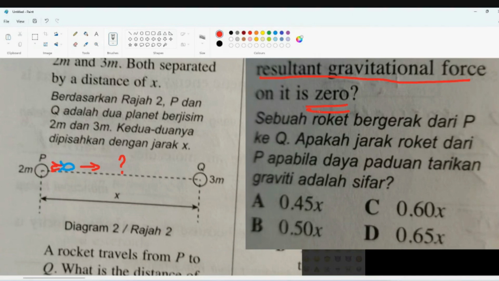Okay, try to solve it now. Once you're done, maybe you can share the answer and working steps. You can just send them into the group. I don't know the answer yet because I haven't tried to solve it. I already have the idea how to solve it, but I haven't tried it.